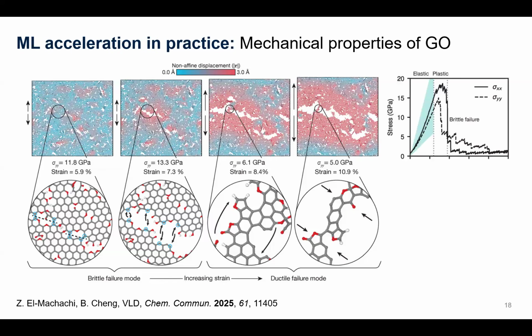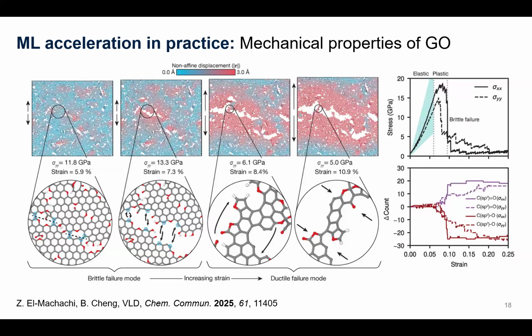You can look at stress-strain curves, and again at the change in local structure: what kind of functional groups are involved in this process of changing the structure up to the point that it just breaks. This is one example of many where you can say, now I have my model, it is validated, I can do computational experiments with it.